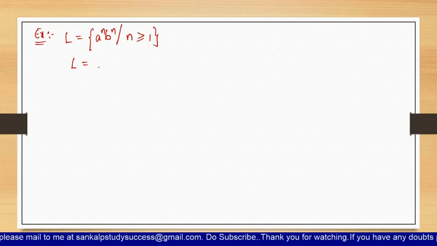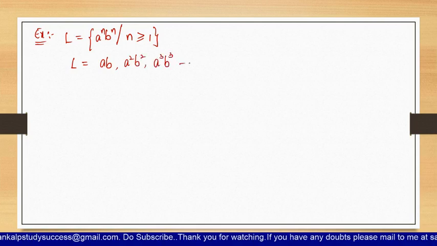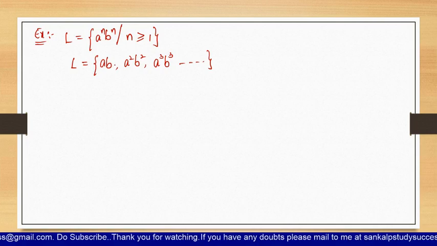When n equals 1, you will get ab. If n equals 2, you will get a square b square. If n equals 3, then we'll get a cube b cube, and so on up to any n value. So here an equal number of a's is followed by an equal number of b's. So that is our language.